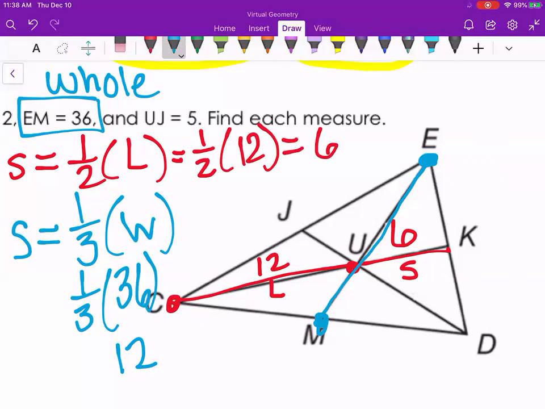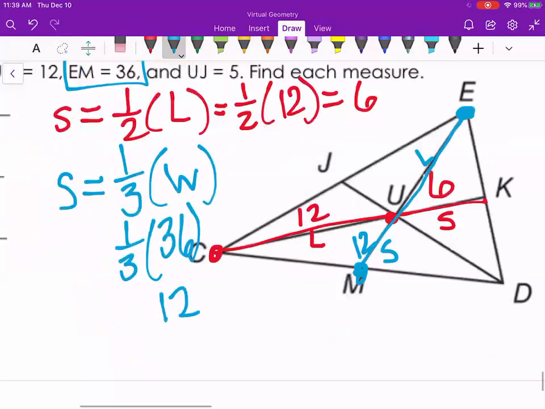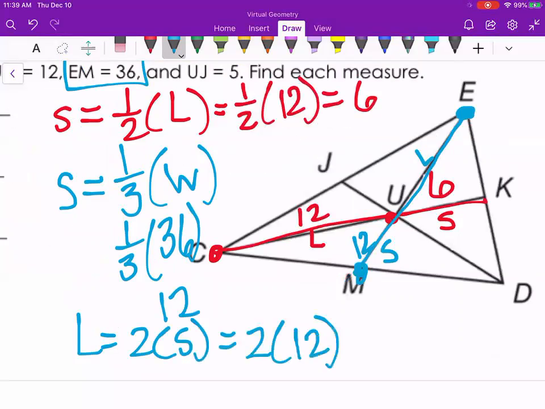So right now, there's my short, there is my long. I have 12 for UM. And now the longer piece, that's one of our other formulas, is 2 times the short, or in this case, 2 times 12. So 24 on the other side.